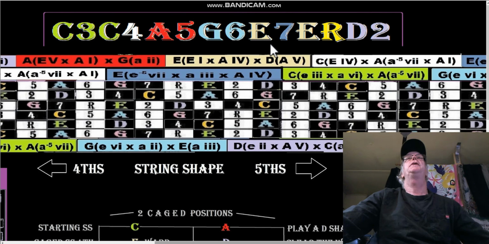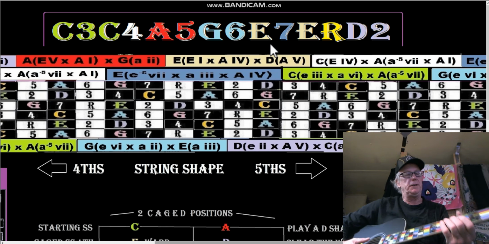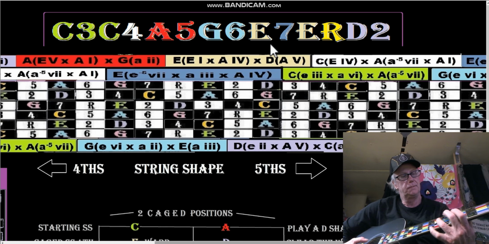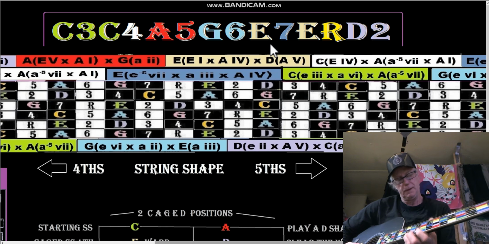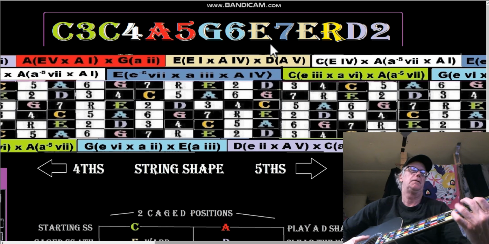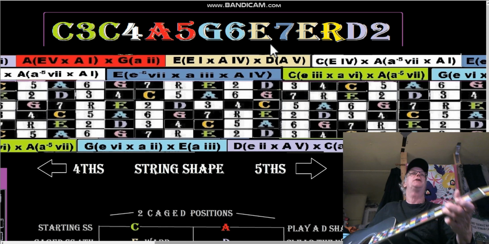Now notice if we only had caged, cage would only be the C, okay, then the A, then the G, and then the E, and then the D. I did it pentatonically.